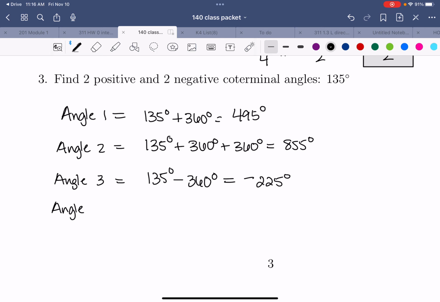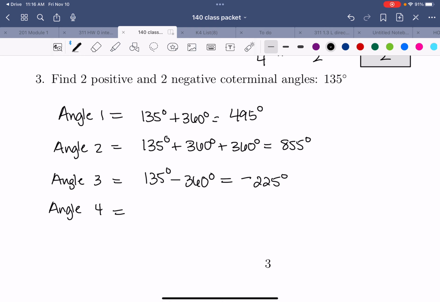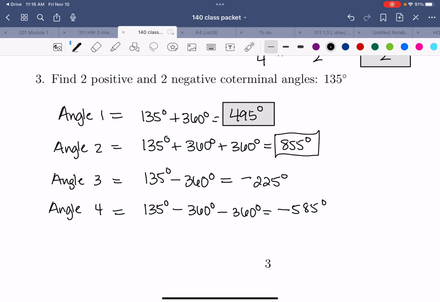And a second negative angle, for angle number 4, we're going to start at 135 and we're going to go around the circle in a negative direction twice. So subtract 360 twice. And we get negative 585. Okay, so there are your two positives and your two negatives.